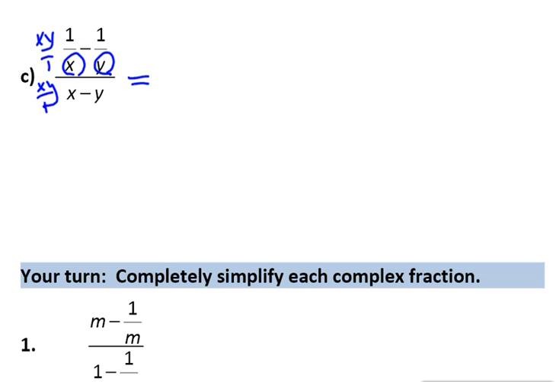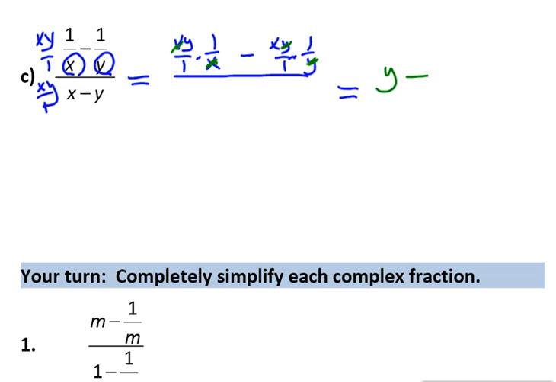So it's going to be equal to, when I multiply the numerator, I get xy over 1 times 1 over x minus xy over 1 times 1 over y. So cancel, cancel, cancel. That leaves me with a y minus, cancel my y's, x divided by.